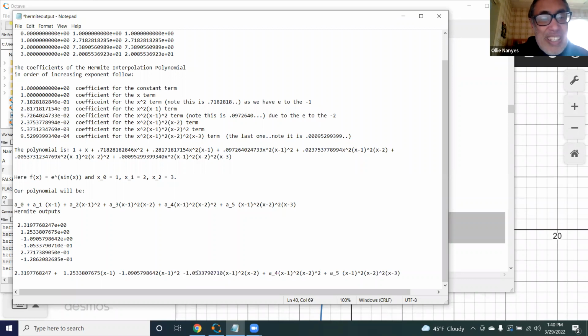Cut and paste. But remember, this is 0.1, so let's move that over. This is 10 to the minus 1 also, so better put that parentheses back.